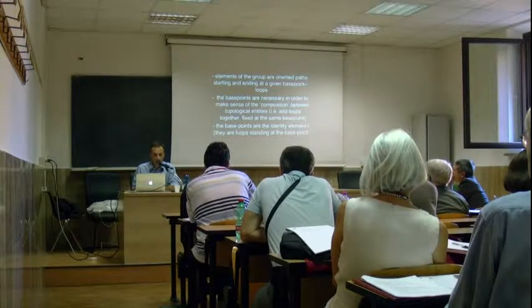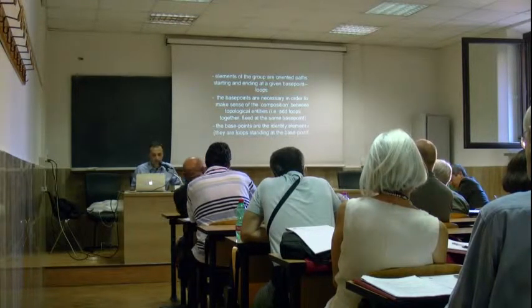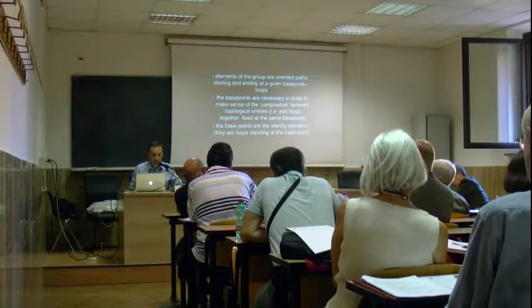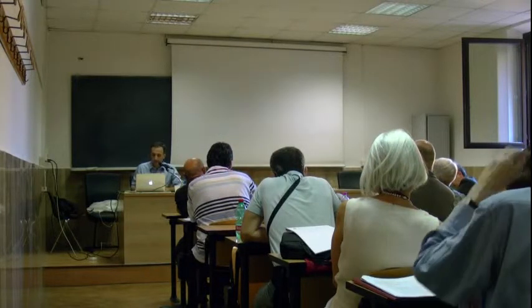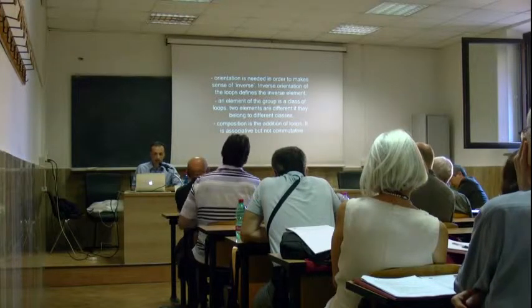These base points are necessary in order to make sense of the composition within topological entities. And the base points are the identity elements E or I. And orientation is needed in order to make sense of inverse.